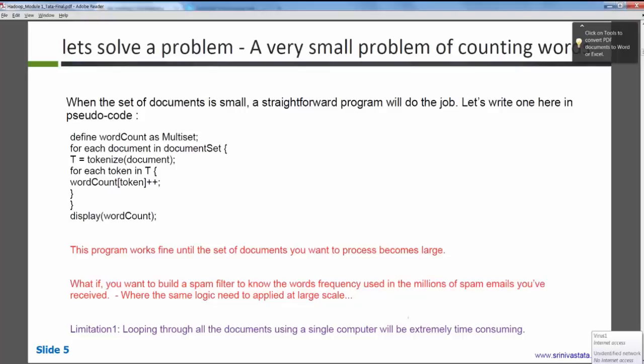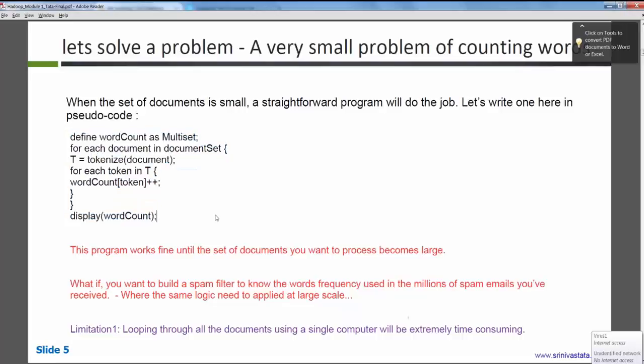What if you want to build a spam filter to know the word frequency used in millions of spam emails you have received? The same logic, the above logic, needs to be applied to millions of emails. That means very large scale.